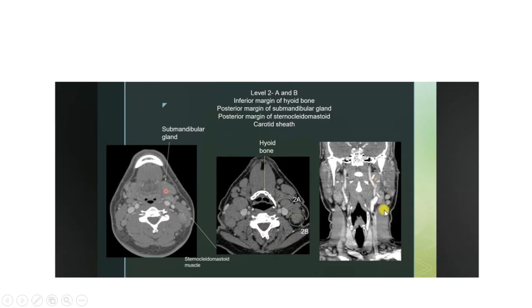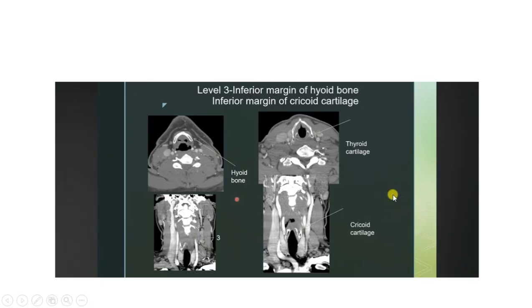And in the coronal view, the hyoid bone is identified, and level 2 lymph nodes are identified. For level 3 lymph nodes, we have to identify the anatomical landmarks: this is the hyoid bone, and this is the thyroid cartilage, and adjacent to the thyroid cartilage, this is the cricoid cartilage, and this is the cricoid cartilage in the coronal view.